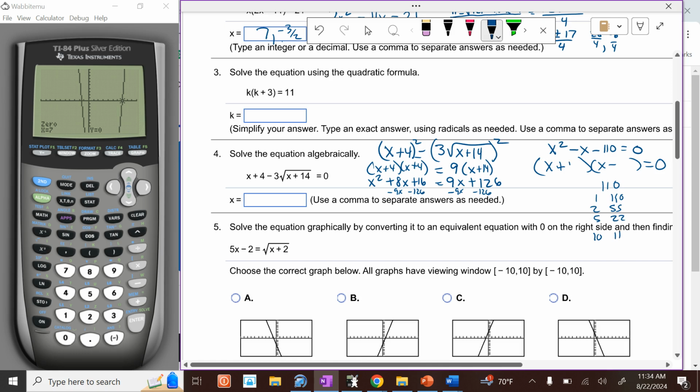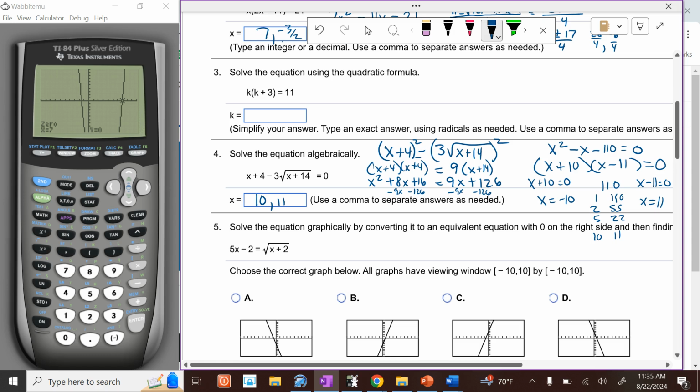So it must be plus 10 minus 11. So x plus 10 equals 0, so x equals negative 10. And x minus 11 equals 0, so x equals 11.